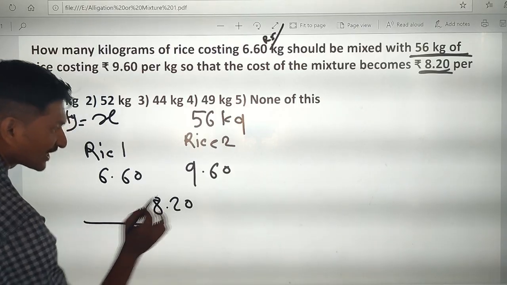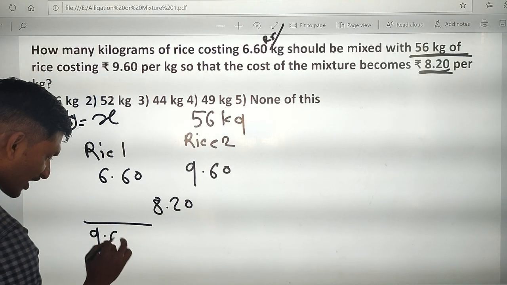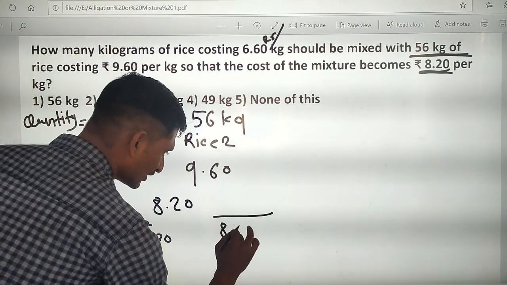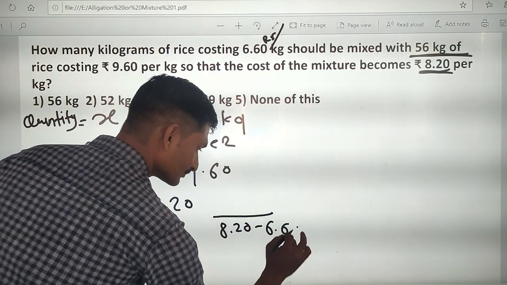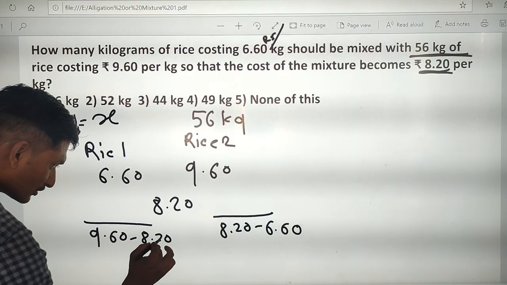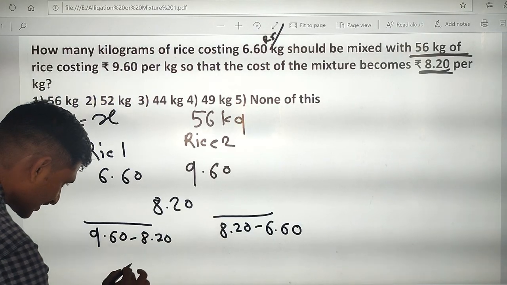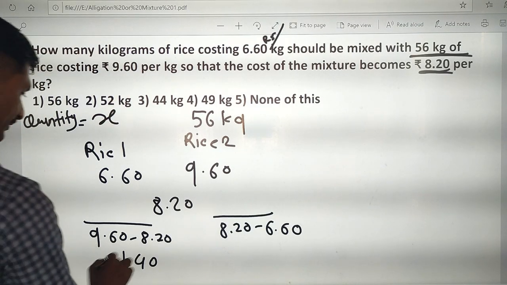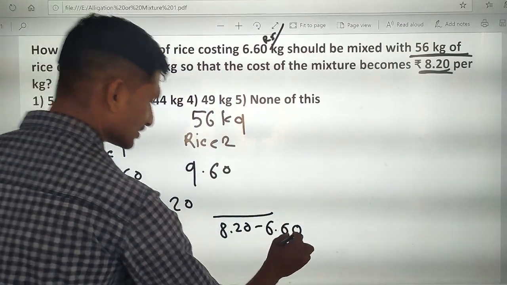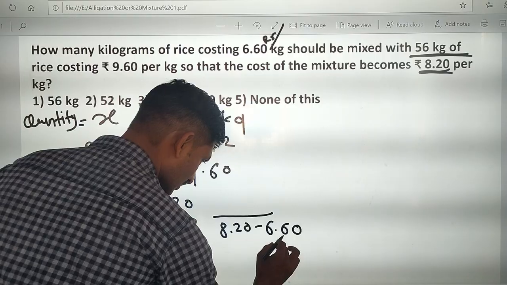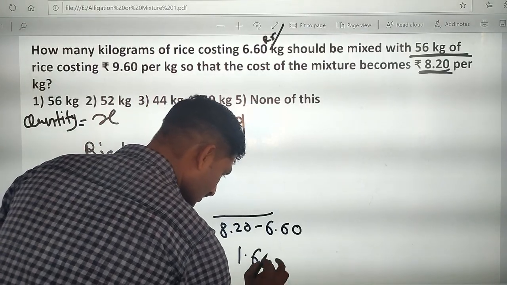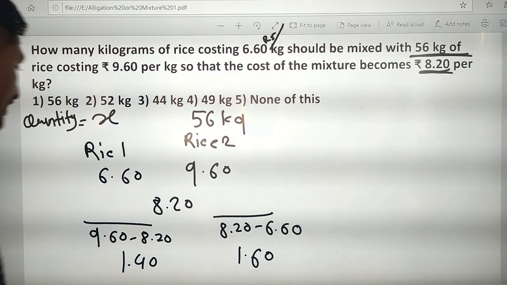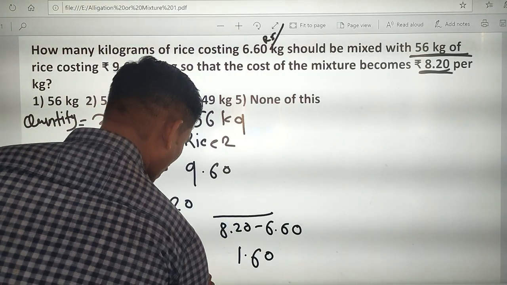Now we write the subtraction of these two: 9.60 minus 8.20, which is 1.40, and the other subtraction is 1.60.